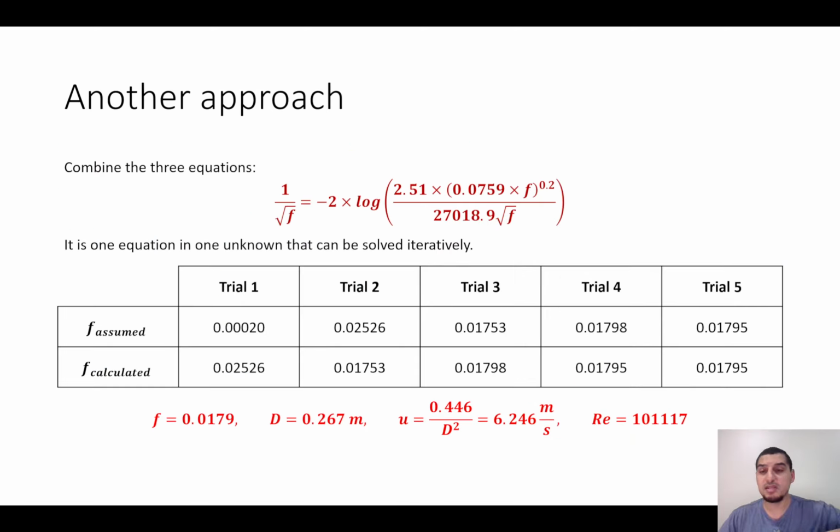But you can also use the second approach, which is combining all the equations together in one equation. So here we have the velocity, and this is Reynolds number, which is 27,000 over the velocity. If you want to do this manually, you assume a value and then recalculate it, and then take it as a new assumption, recalculate it, and this is what you're going to get, the same output as the previous case.